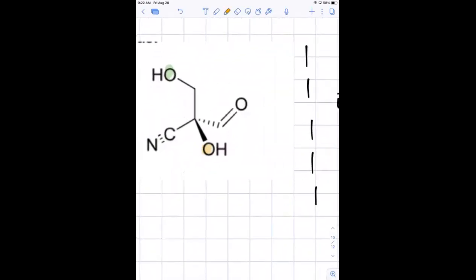You have an oxygen bound to it. You got a carbon, and a carbon. All right, what do you think? We need to apply the Cahn-Ingold-Prelog rules to figure out which carbon is higher in priority. We know oxygen is going to be 1.